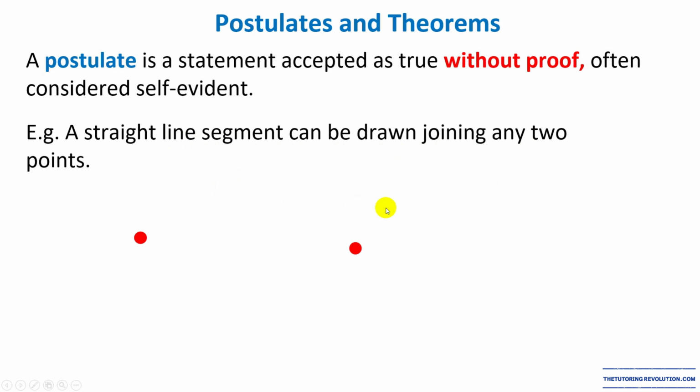So if we have 2 points, we can draw a segment. That's a postulate. You don't need to demonstrate or prove this to be true because it's obvious, it's evident. So that's what a postulate is. It's something that is so obvious, so evident, that you don't need to prove it. Everybody accepts that as true.